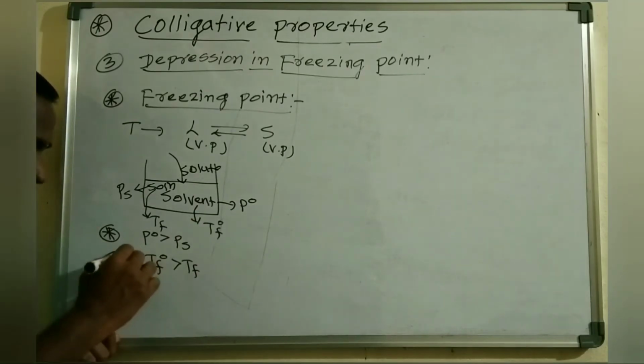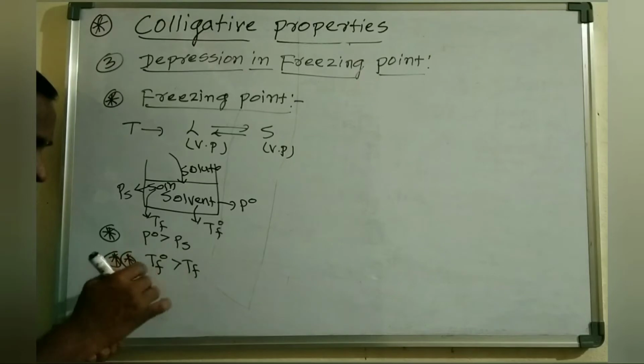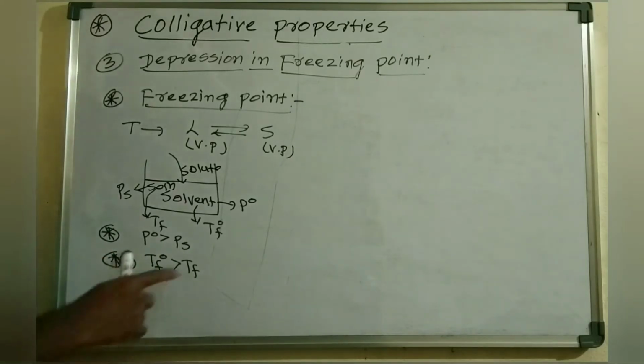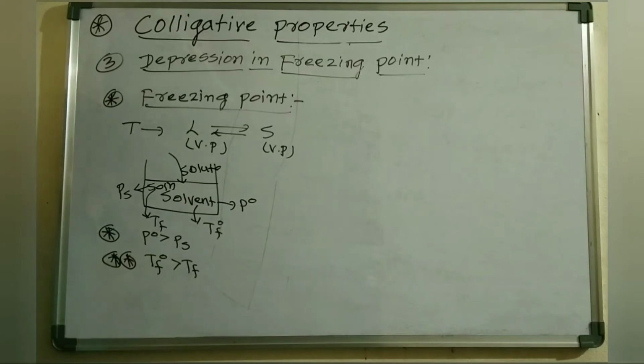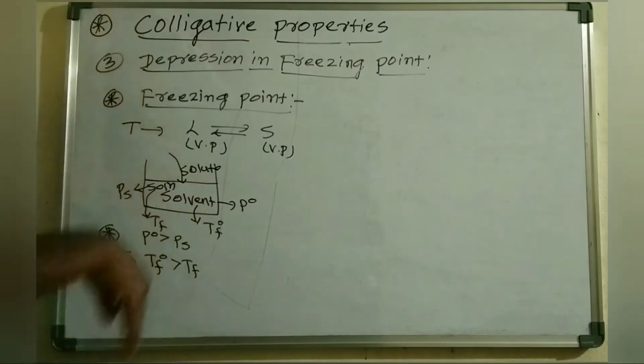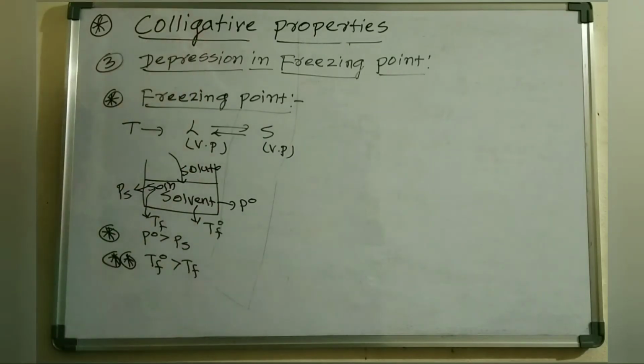So the freezing point of the pure solvent is always greater than the freezing point of the solution. This decrease is the depression in freezing point.